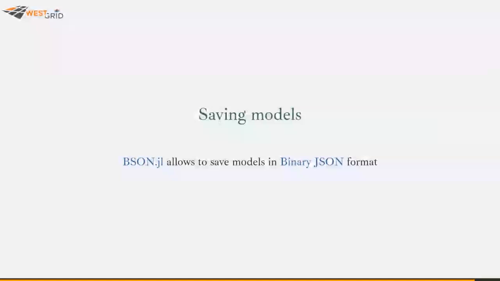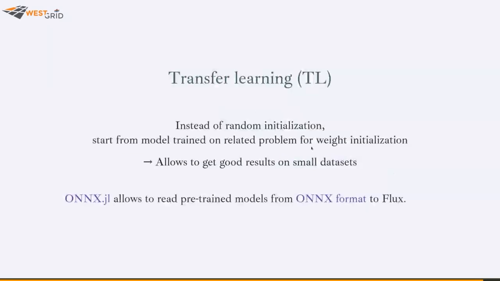I just wanted to guide you towards being able to look at those examples by yourself. A few last things that I would like to add is that the BSON package allows you to save models in a binary JSON format. So that's a great way to save your models.